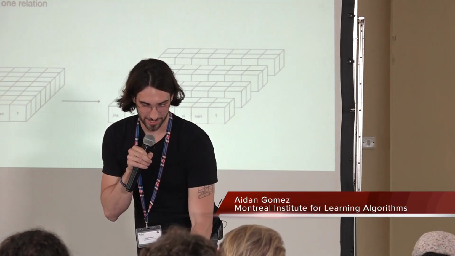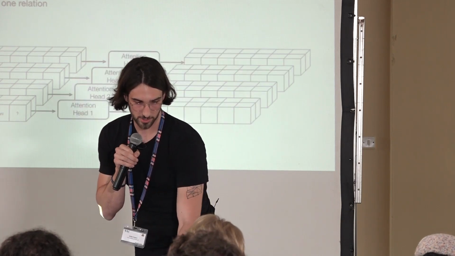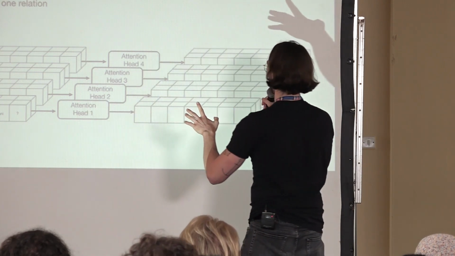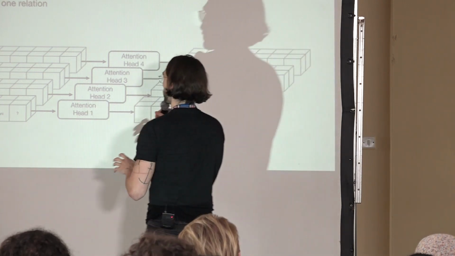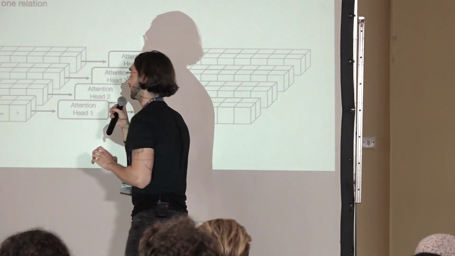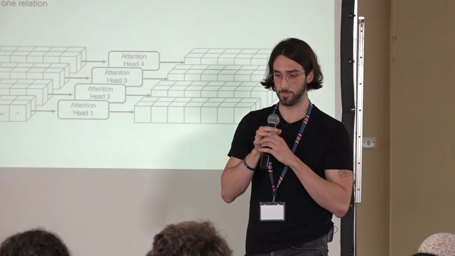Then we pass each of these individually and in parallel to a separate attention head. So now we can still relate elements of the source to some target, but instead of only having one particular relation, you have as many relations as you have heads.